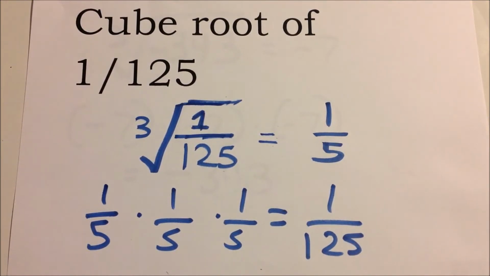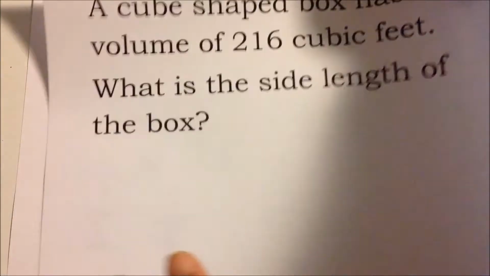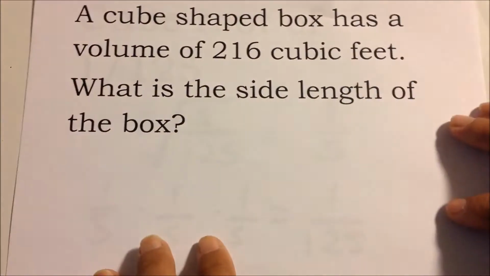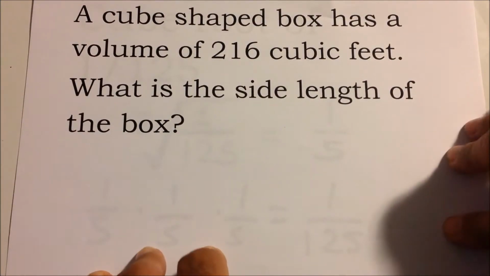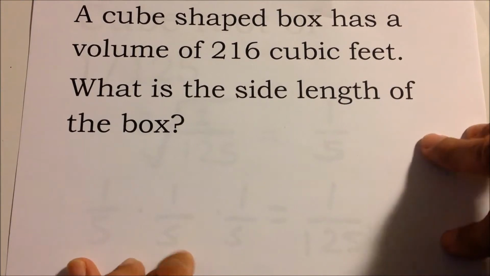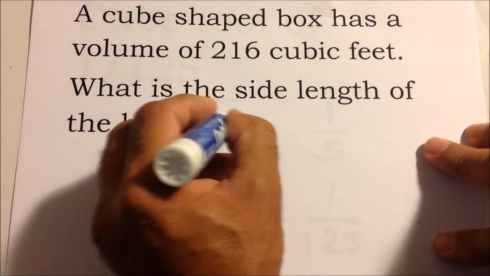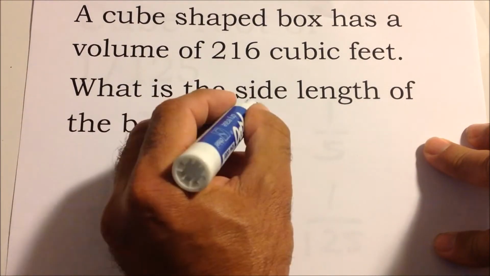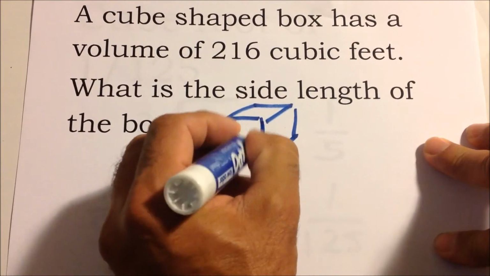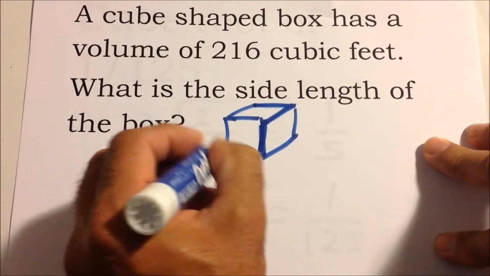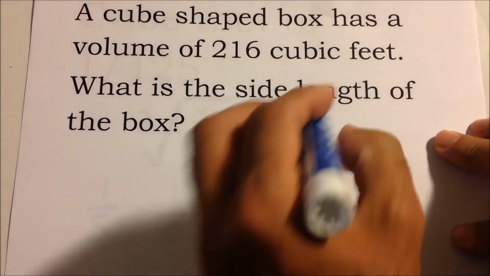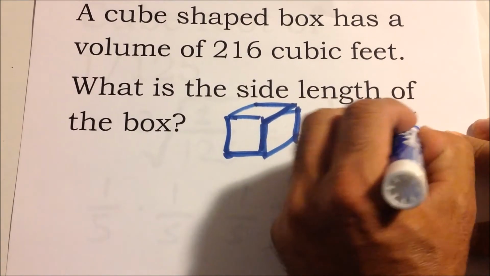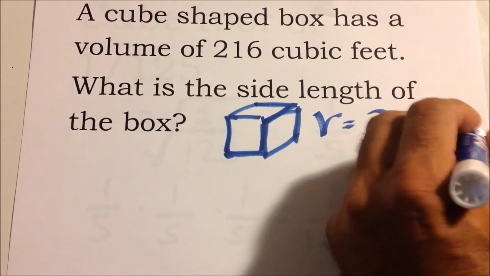And remember how I said a volume is related to cube roots. See if we can do this question. A cube-shaped box has a volume of 216 cubic feet. What is the side length of each box? So here's our cube. Okay, it doesn't have to be perfect. And we're saying that the volume is 216 cubic feet.